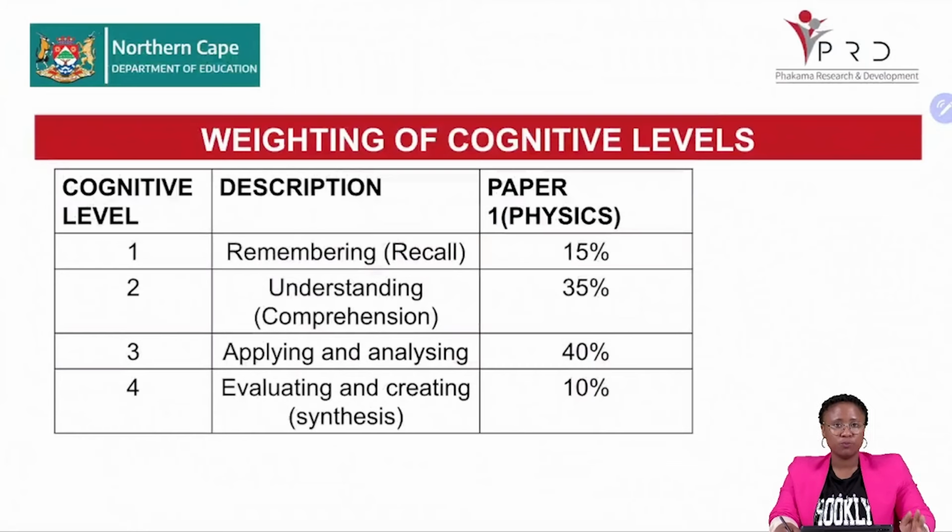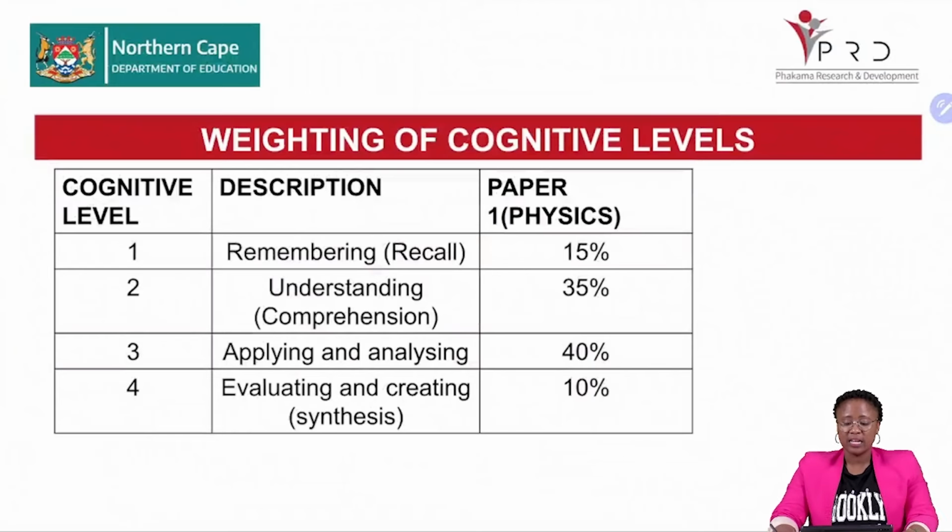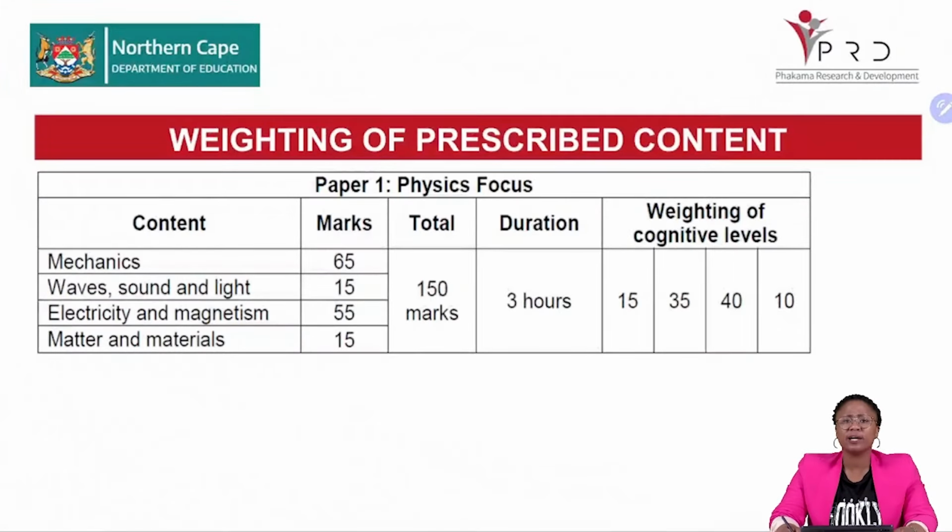Number 2, you need to be able to understand, and then level 3, apply as well as analyzing, and 4, you need to be able to be evaluating and creating synthesis. And your paper consists of the following percentages in terms of the cognitive levels: the 15, the 35, the 40, as well as the 10%. Now you don't need to really worry about that. It's just for you to know that your paper will definitely be balanced when you see it.